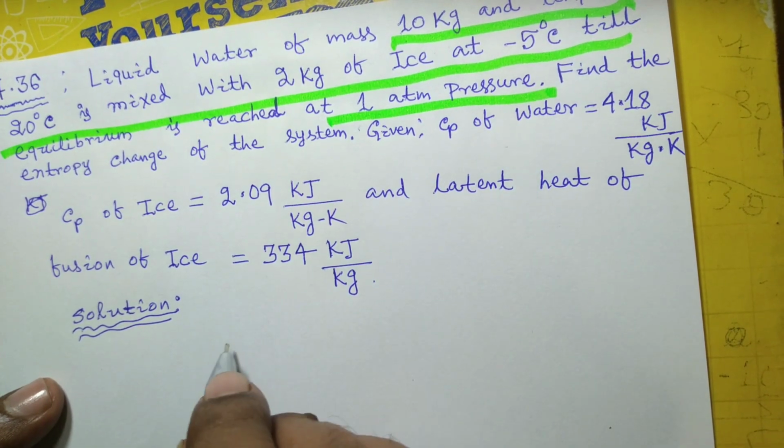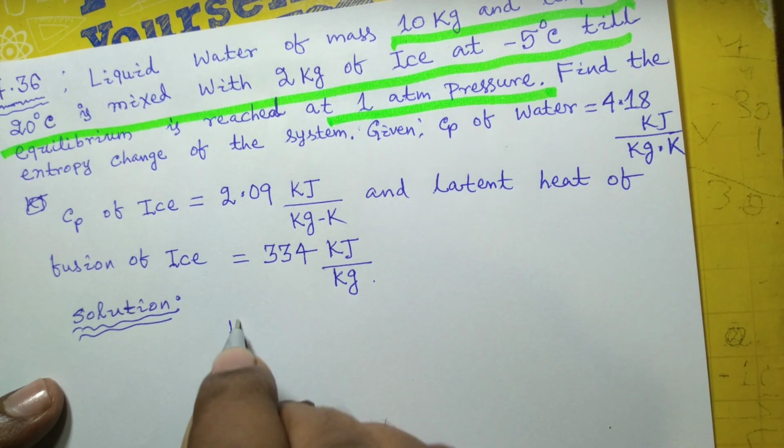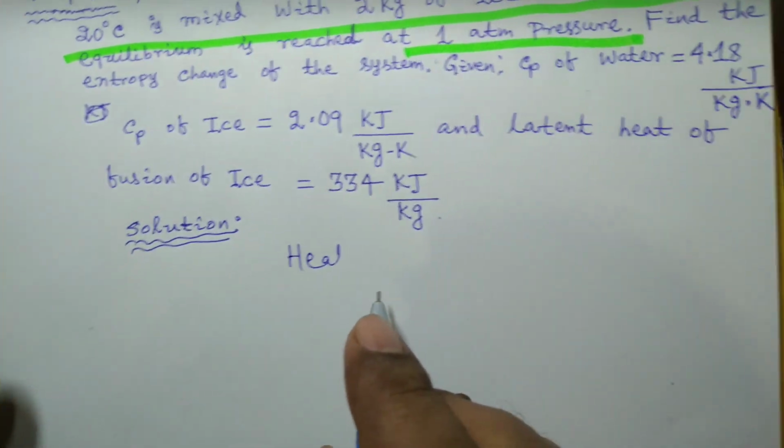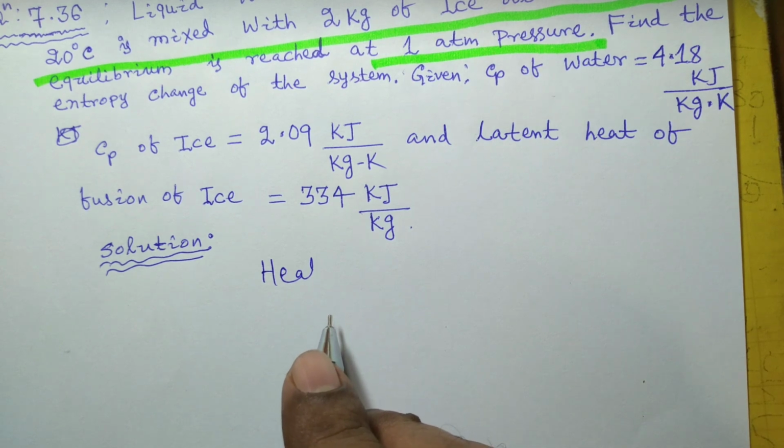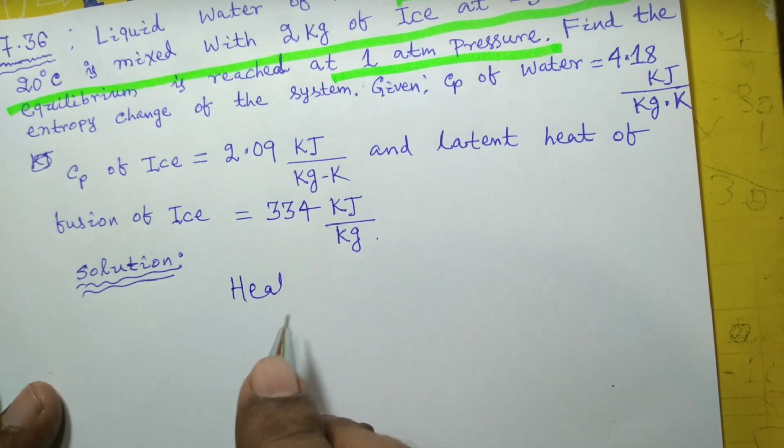So to know that, we consider the heat required for ice to reach the saturation state, and then the phase change takes place, what is the amount of heat required.